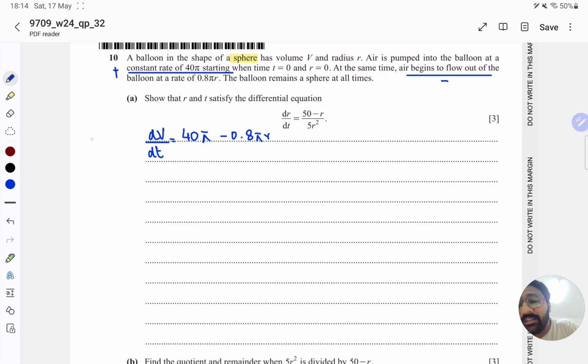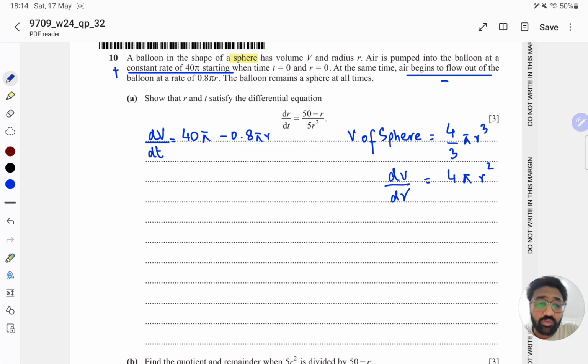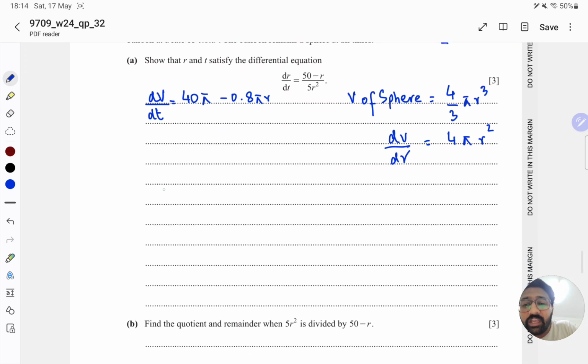So this is step 1. Step number 2 is that we should remember the volume of a sphere. The volume of a sphere is 4 by 3 pi r cubed. Now if I find dV over dr, it will be 4 pi r squared. Now I'll use the chain rule to find dr over dt.